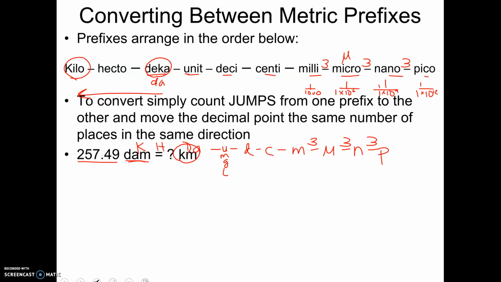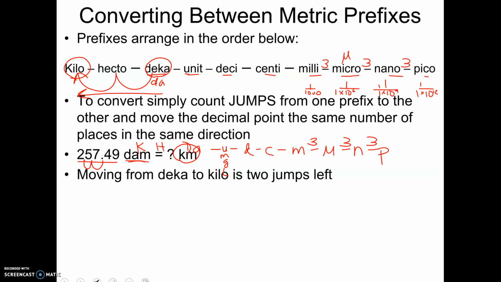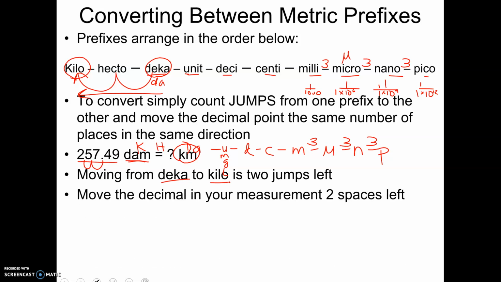How many jumps do we need to get to the left? 1, 2. So we're going to move our decimal 2 spaces to the left. So again, you find your first prefix, find your second prefix, count how many jumps and what direction you have to go, and then you simply move your decimal point that number of places in that direction.